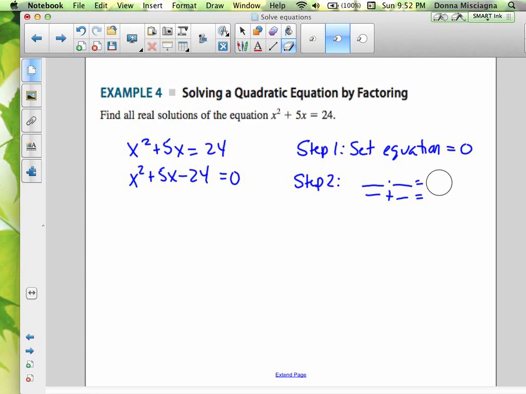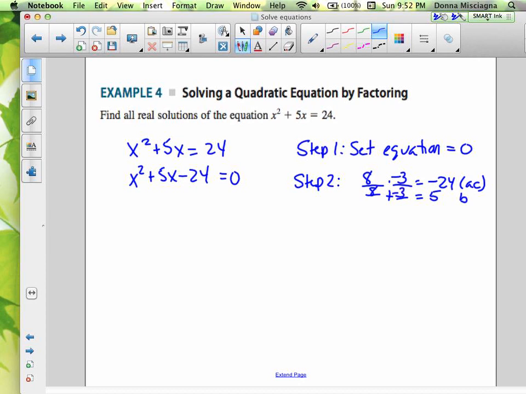Actually, I'm going to put the negative 24 first, and a times c and the b second. All right, so multiplies to give you negative 24, adds to give you the b term of 5. All right, well, that's going to be a positive 8 and a negative 3. They have to be 5 apart. And we'll use factor by grouping.